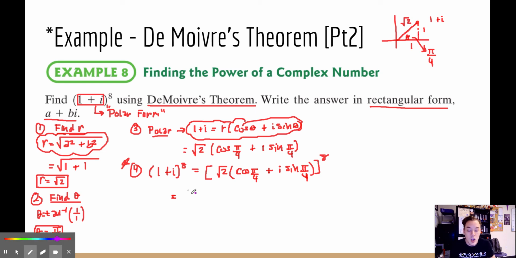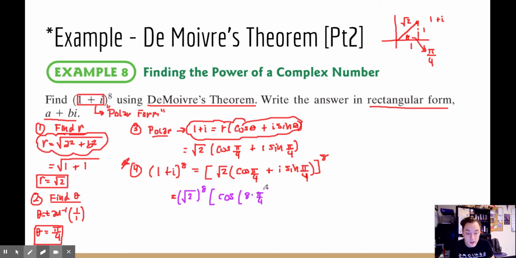Using De Moivre's theorem, just like what I did in the last slide, I have radical 2 to the 8th power, times cosine of 8 times pi all over 4.